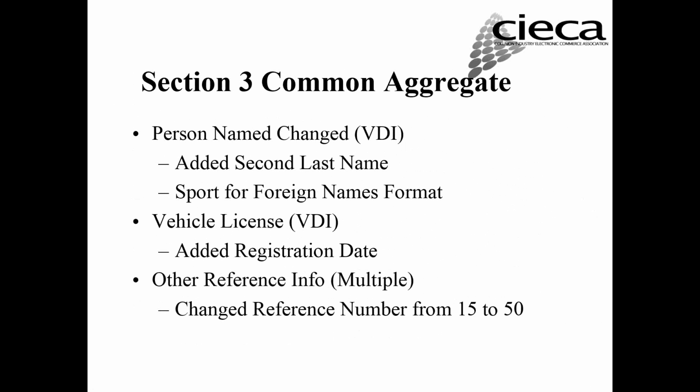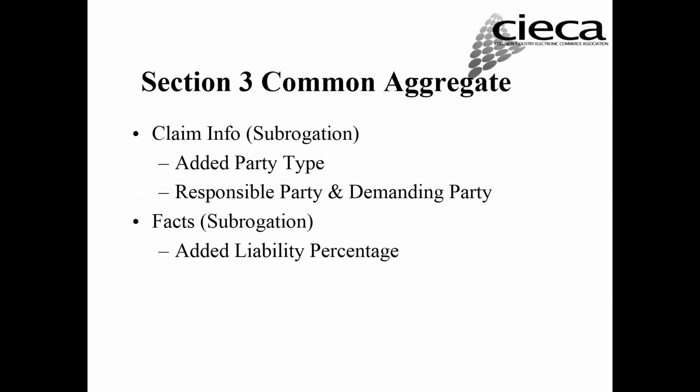In the vehicle license common aggregate, we added a registration date, sometimes known as date first registered by American Departments of Motor Vehicles. And in the other reference information, the value part of the name value pair, the reference number, was increased from 15 characters maximally to 50.